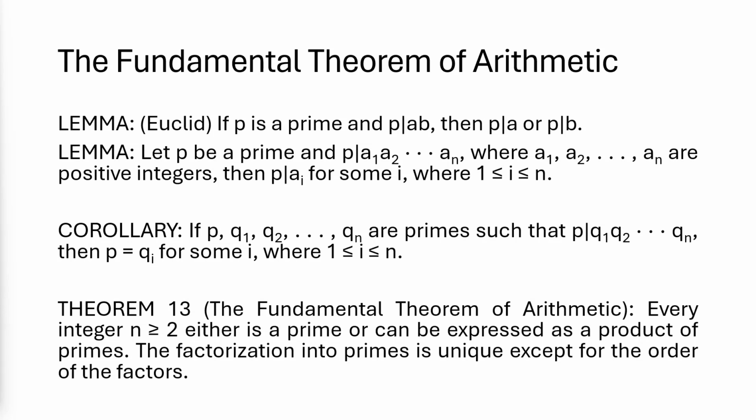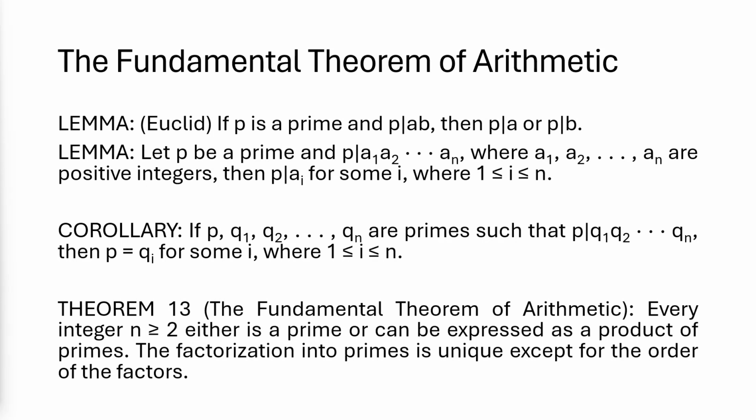Suppose P does not divide A. Then P and A are relatively prime. If P and A are relatively prime, then there are integers, let's say alpha and beta, such that we can express that as alpha times P plus beta A is equal to 1.